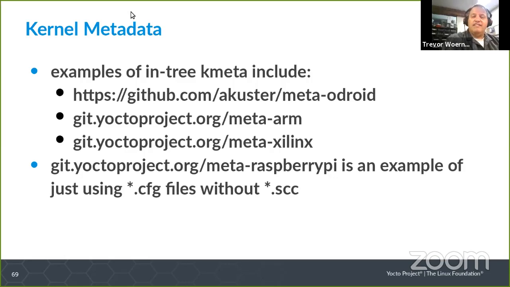And the Xilinx people have also put in a lot of SCC stuff. The Raspberry Pi BSP is also interesting because they're not using SCCs, but they are using config fragments. For example, if you're enabling the 64-bit variant of the Raspberry Pi 4, there are extra config options for the kernel, so their build actually checks for that.